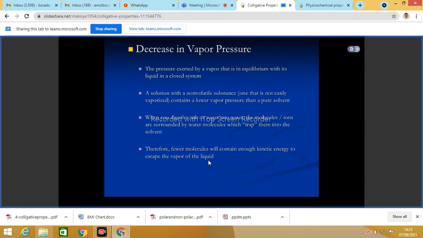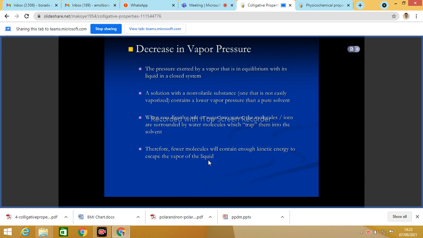When we dissolve the salt or sugar molecule, it gets dissolved into the liquid and occupies a space present in between the solvent molecules. It occupies the space which has been provided by the solvent molecules, but it doesn't leave the bulk of the liquid.